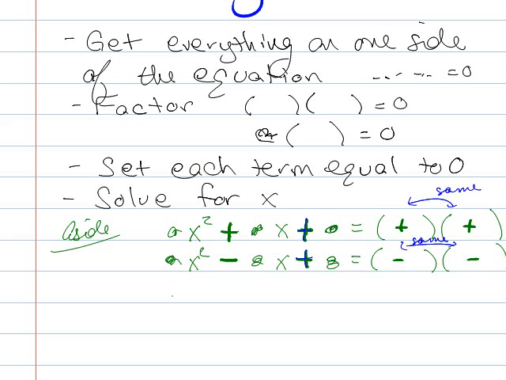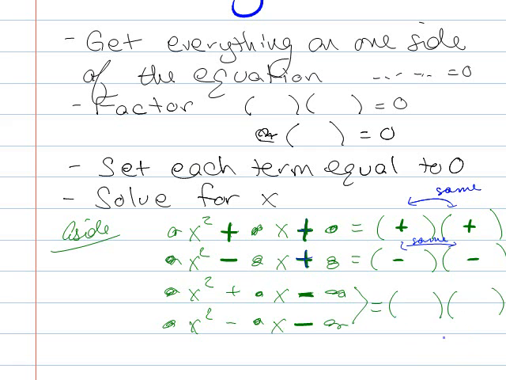Now the other thing that you could have is x squared plus something x minus something, or x squared minus something x minus something. In either of these options, when you factor that out, if you have a minus sign here, then these signs are going to be different.